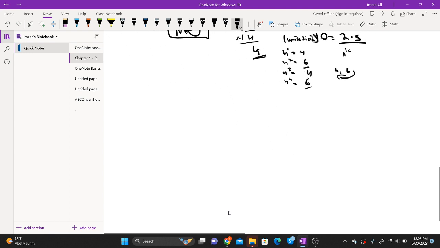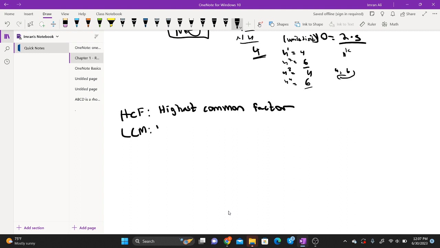So now that we have prime factorization and the fundamental theorem of arithmetic, we can focus on GCF or HCF and LCM. NCERT likes to call it HCF, which is highest common factor. And then LCM is obviously least common multiple.